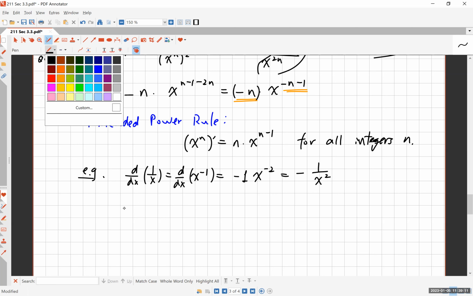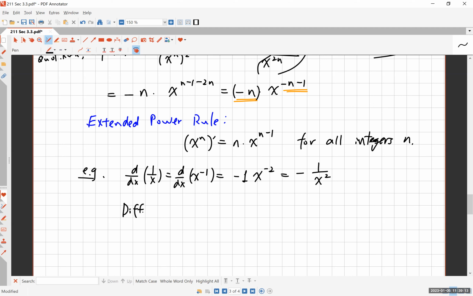All right, if somebody says differentiate 1 over x to the 13th, what do you get? Now you can of course identify this as x to the negative 13. So the derivative is going to be negative 13 times x to the negative 14th.